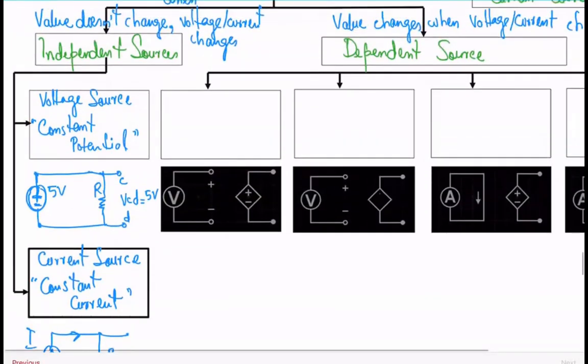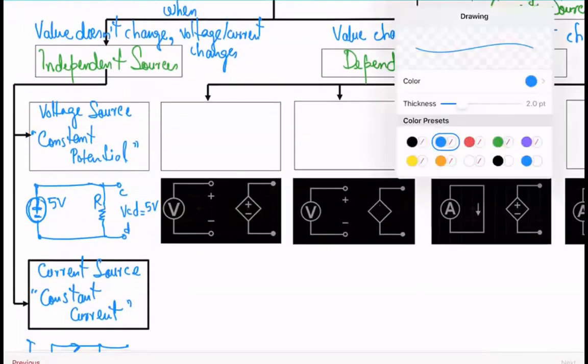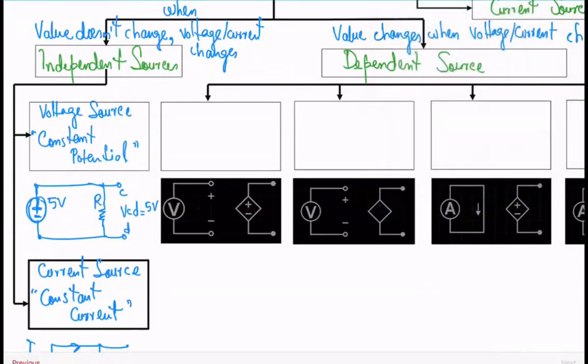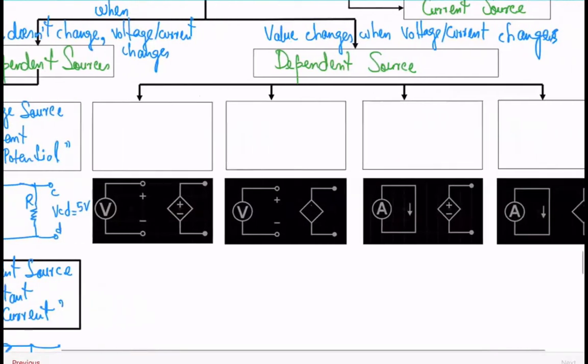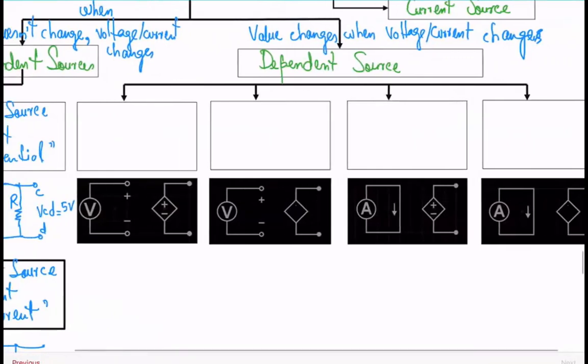Now let's move on to the dependent sources. I'm going to change the color here. The dependent sources are further broken down into 4 different kinds. It's okay if you don't fully understand all of it.